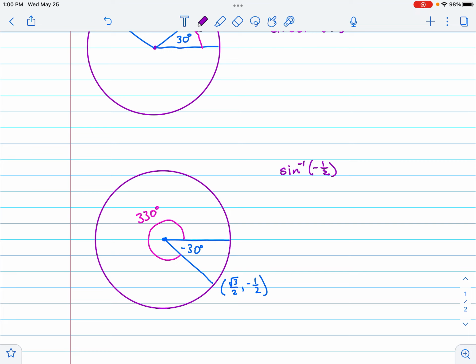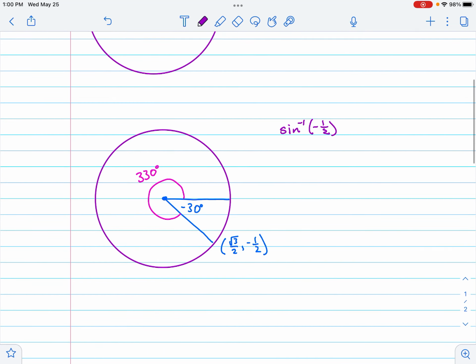What we want is the angle that corresponds to a sine of negative 1/2 that is between negative 90 degrees and positive 90. Let's look at this angle right here. You can see that this negative 1/2 corresponds to a negative 30 degree angle.